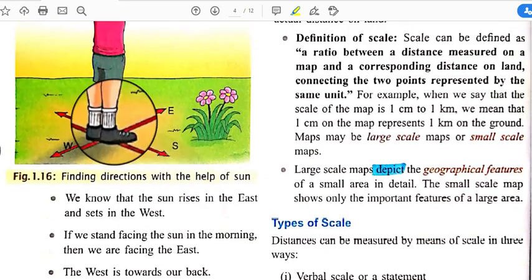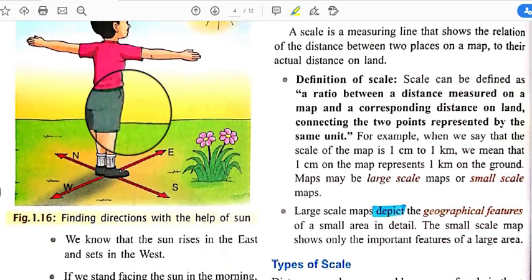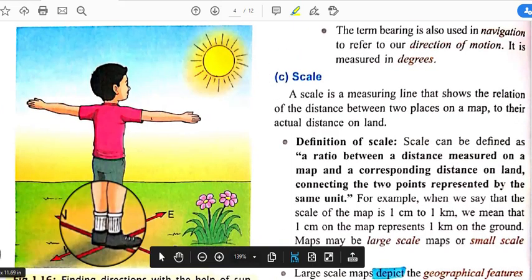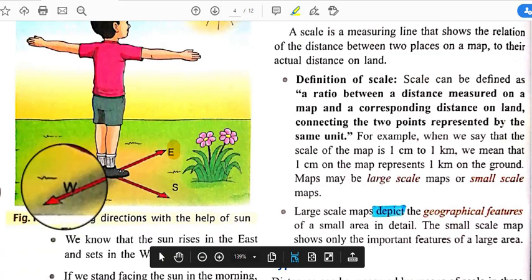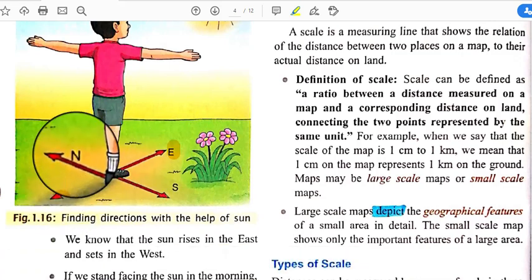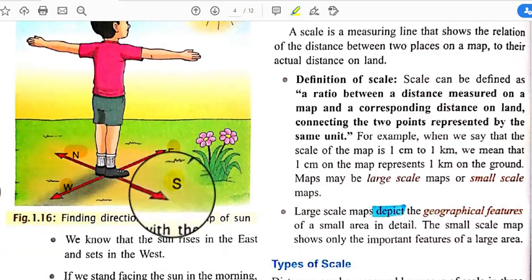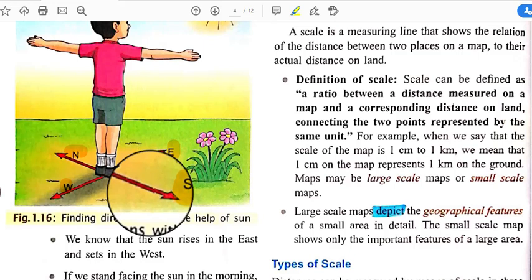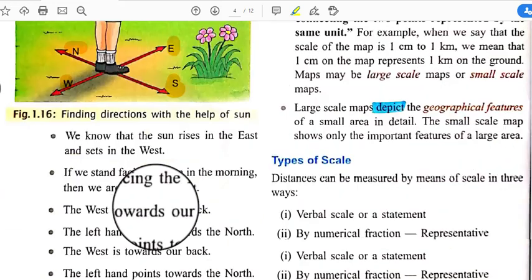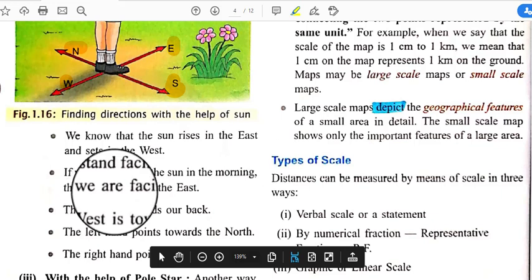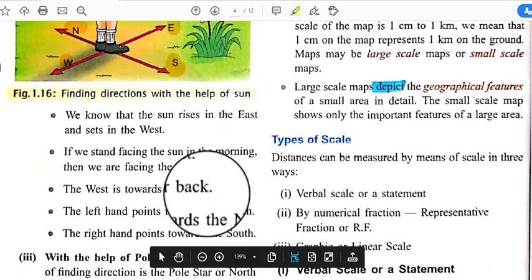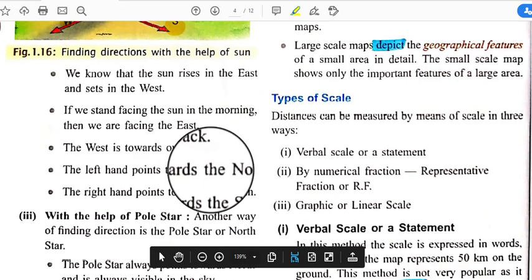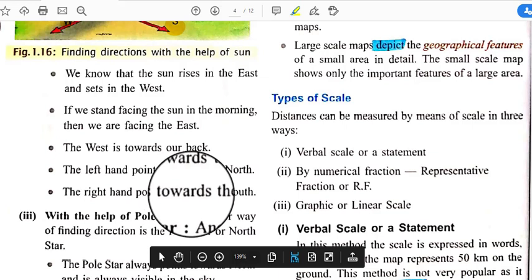So if you stand facing the sun in the morning, then you are facing the east, so the west is towards your back, the left hand points toward the north, and the right hand points toward the south.